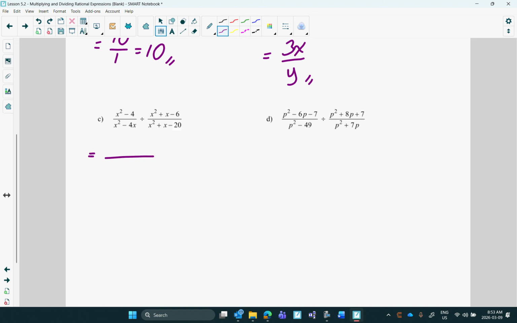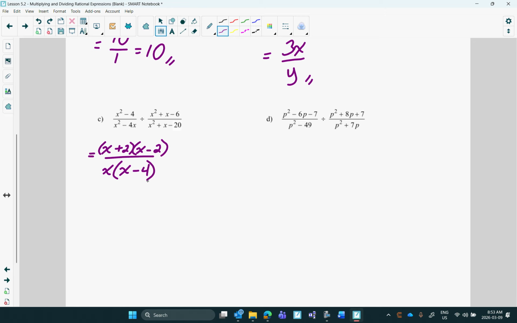How would I factor this? First numerator. X, and then I heard 2. X. Denominator? I heard a faint X. Oh, I heard GCF louder. So I'm left with X times.